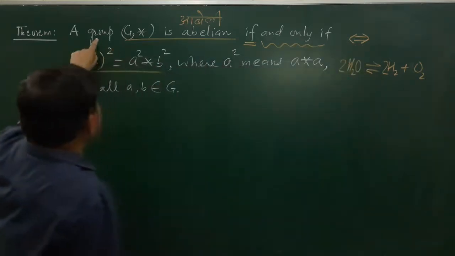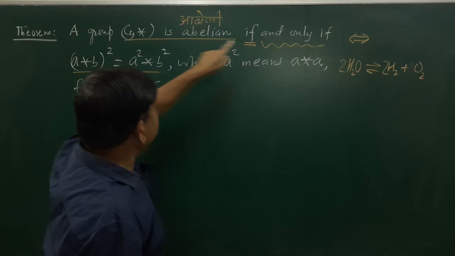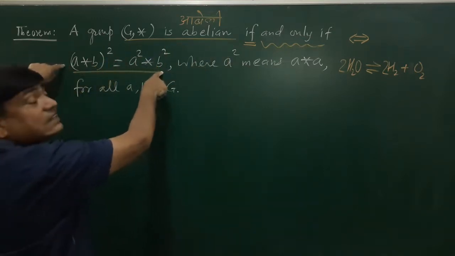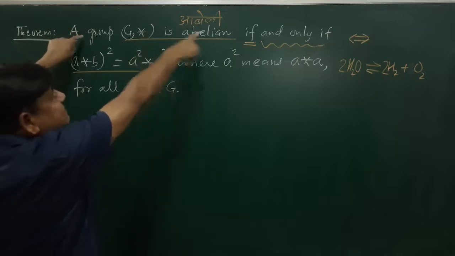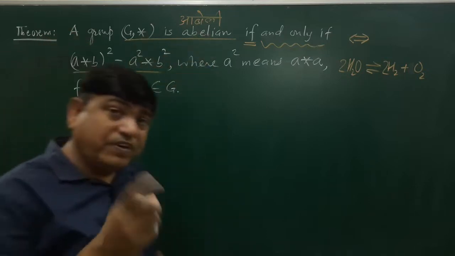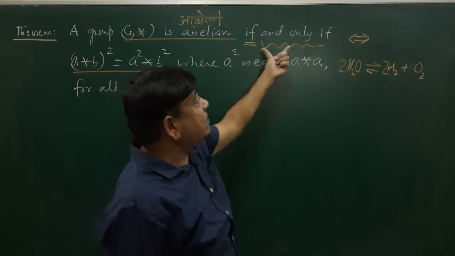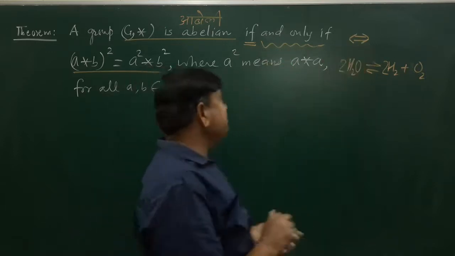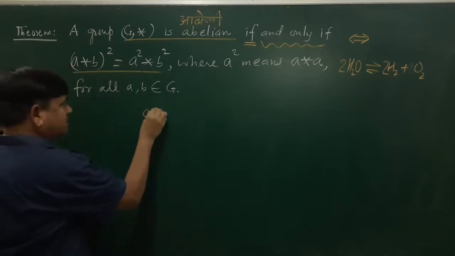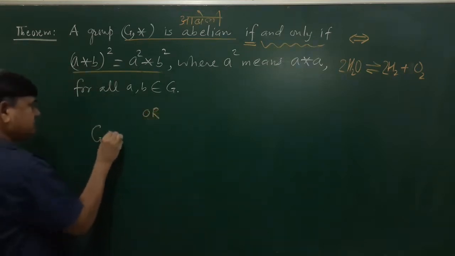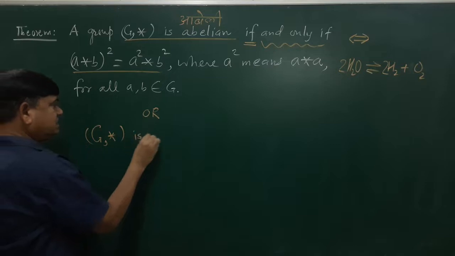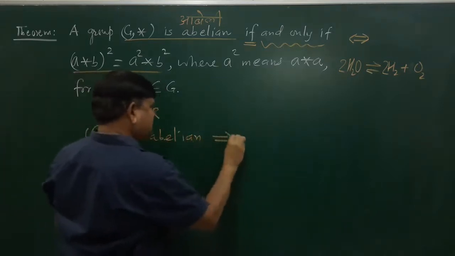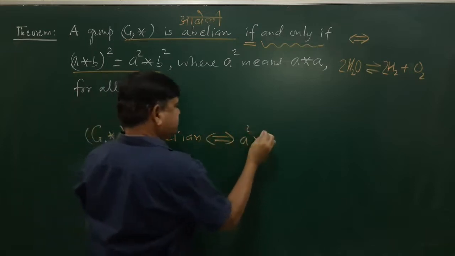It means G is abelian if this, then the reverse: if this holds, then G is abelian. So whenever you find this term, if and only if, sometimes this symbol is given.